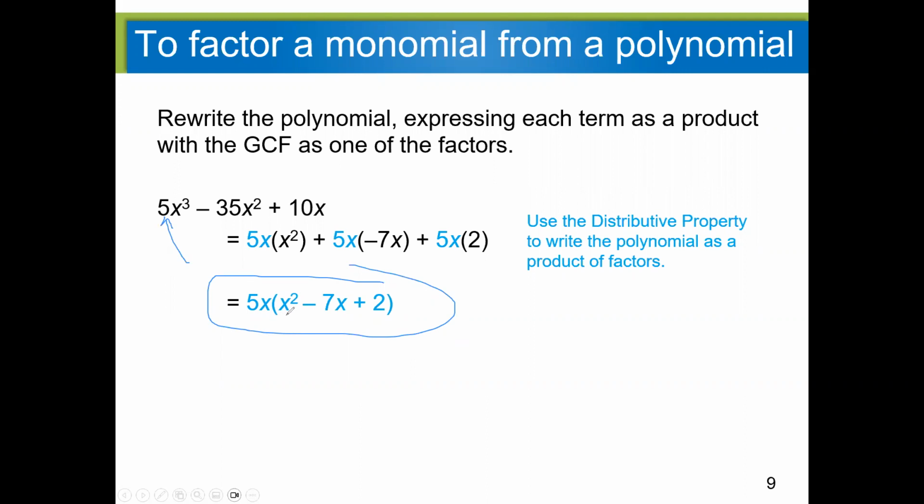So I have a simpler equation, x squared minus 7x plus 2, right here, that is essentially the same thing as this big ugly equation at the top, but I know that 5x is a part of the entire thing. And we're essentially writing equations in a more easy to understand, simpler way in order to be able to do math to them without having to worry about big numbers like 35.